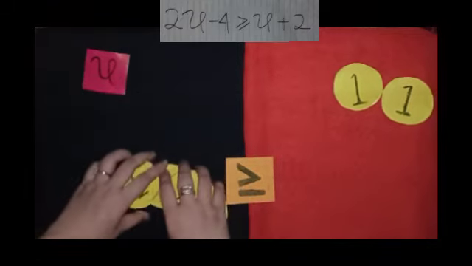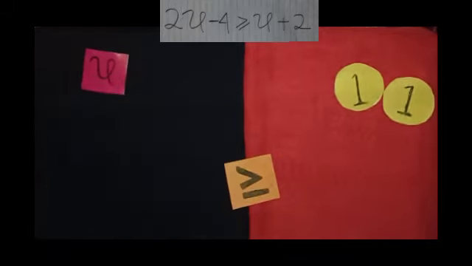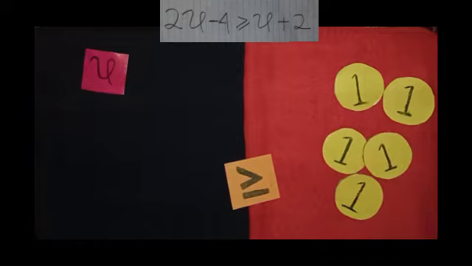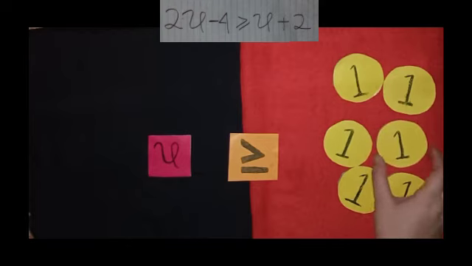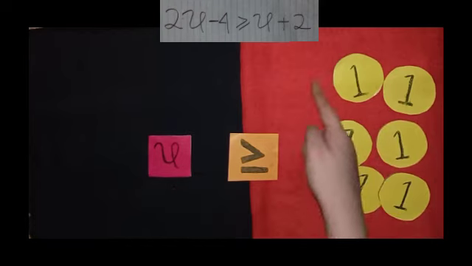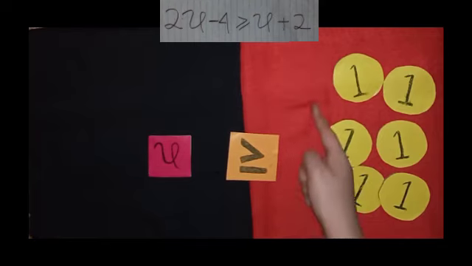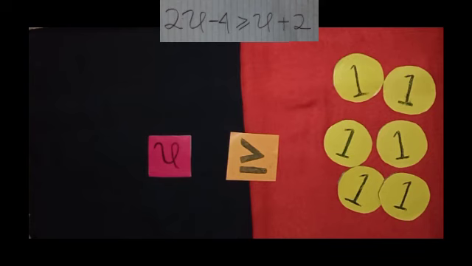Then the constant on the blackboard is 0 and the constant on the red board is 6, or the circle 1 is 6. Fourth, from this example, the remaining are 1 box x on the blackboard and 6 circle 1s on the red board. So the solution is x bigger than or equal to 6.